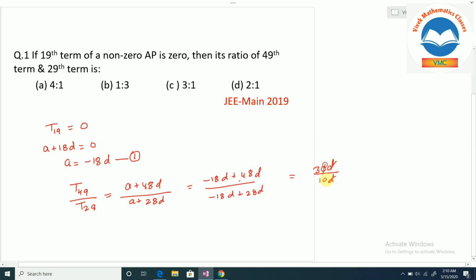The ratio will be 3:1, so the answer is option C.